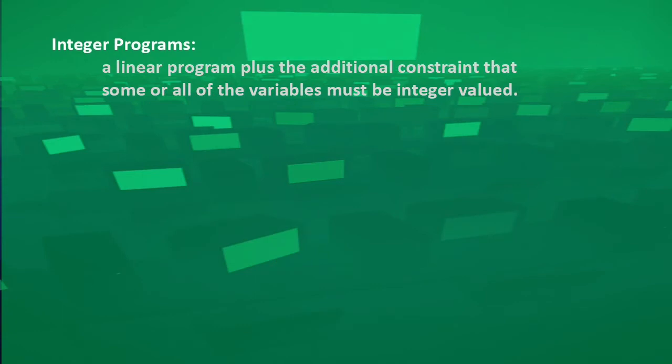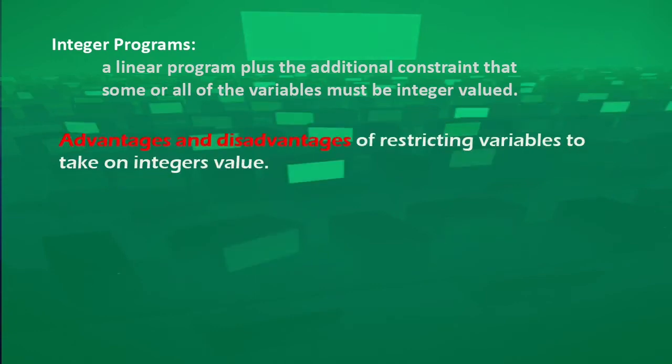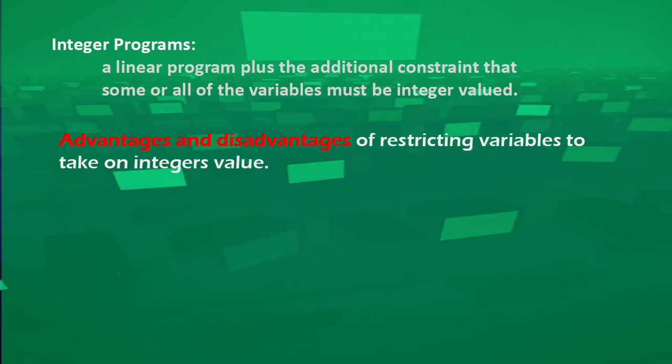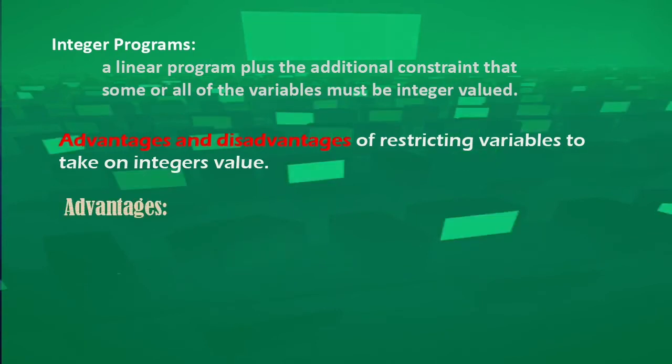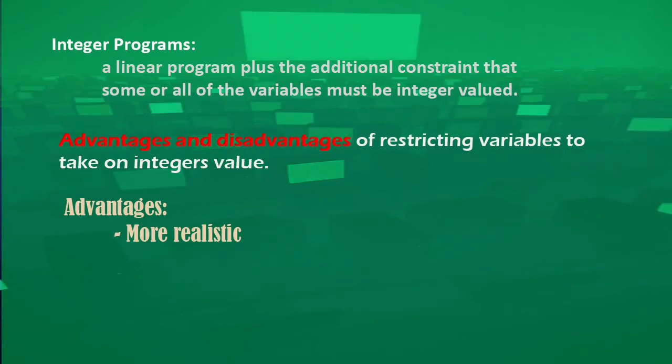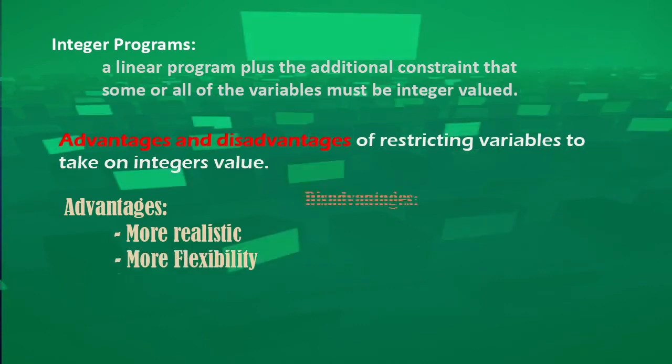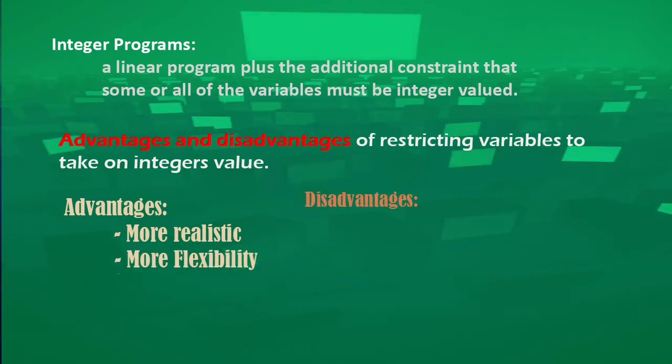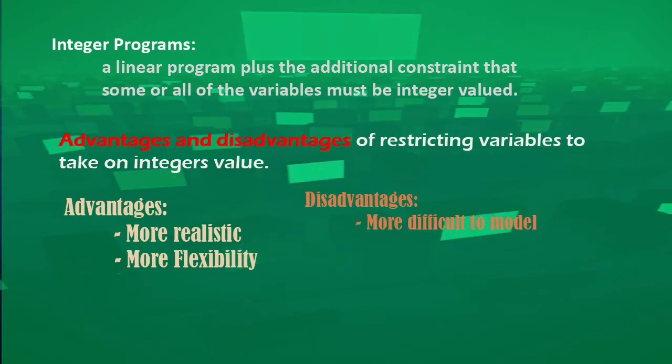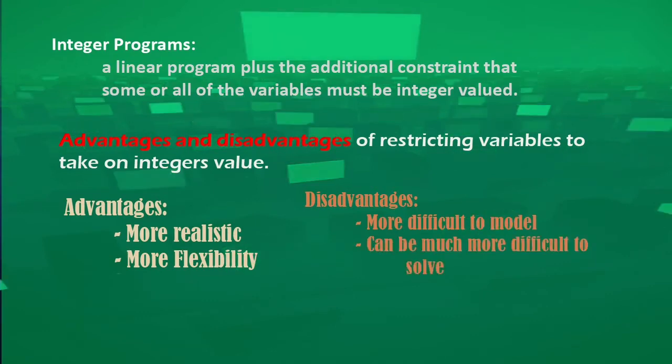There are advantages and disadvantages of restricting variables to take on integer values. Advantages: more realistic and more flexibility. Disadvantages: it is more difficult to model and can be much more difficult to solve.